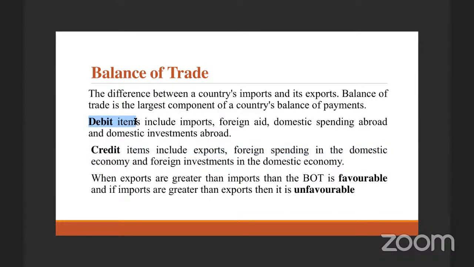When exports are greater than imports, the balance of trade is favorable. And if imports are greater than exports, it is unfavorable. When imports are greater, what does it mean? You paid more for your imports than what you have received through your exports. What is that? That's an unfavorable balance of trade.